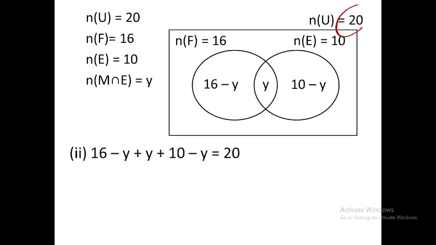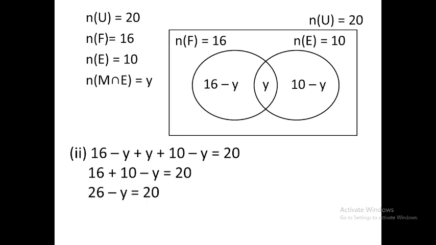We have the equation nicely there. And then negative Y will take away positive Y. And so we have 16 plus 10 minus Y equals 20. Adding 16 to 10, we have 26 minus Y equals 20.